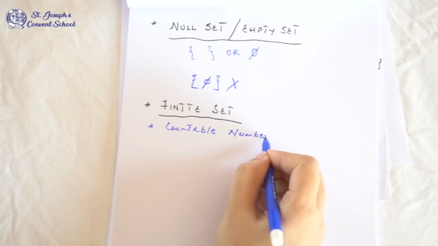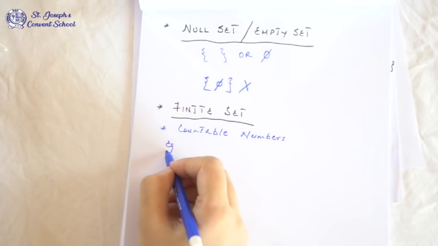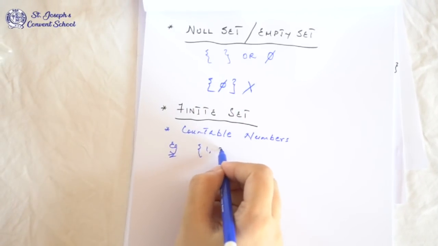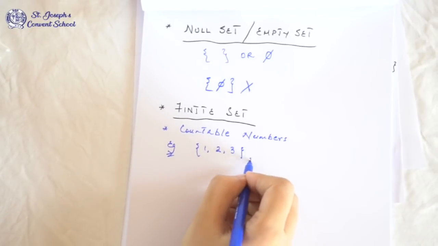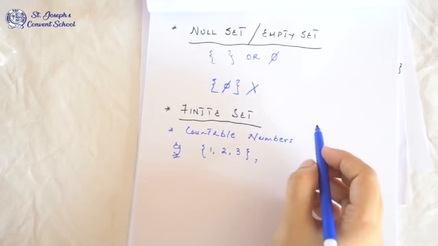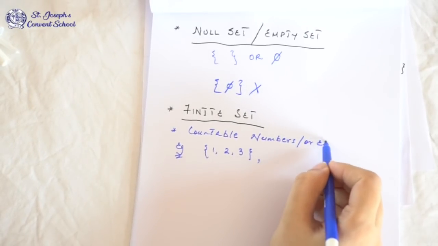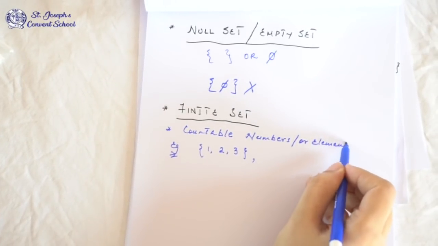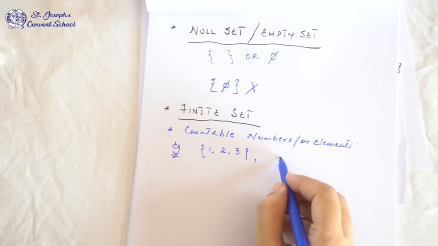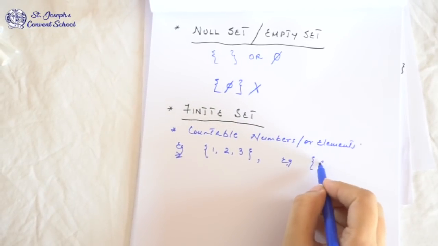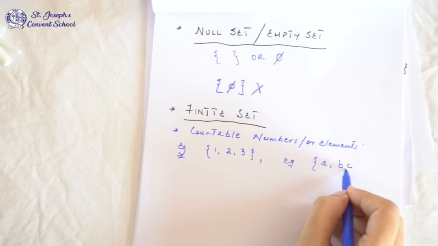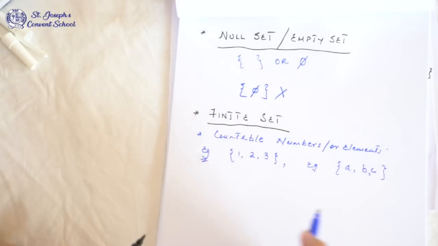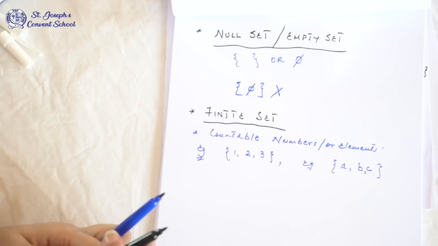Suppose the elements given are numbers 1, 2, 3. Suppose alphabets are given. If the alphabets are A, B, C, you can count these. Okay, these are countable numbers or elements.